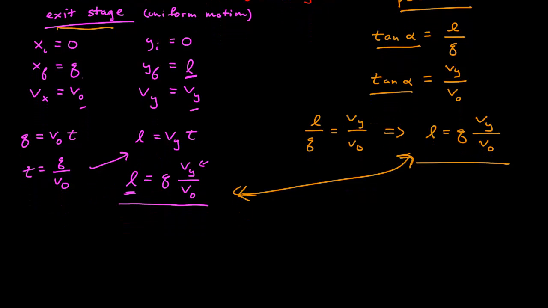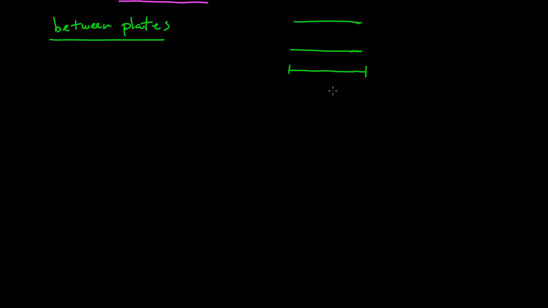Well, now let's do the same thing between the plates. So I'll blow it up here. This is some length P. And remember, I'm assuming it doesn't in fact deflect at all, that it only acquires a velocity.